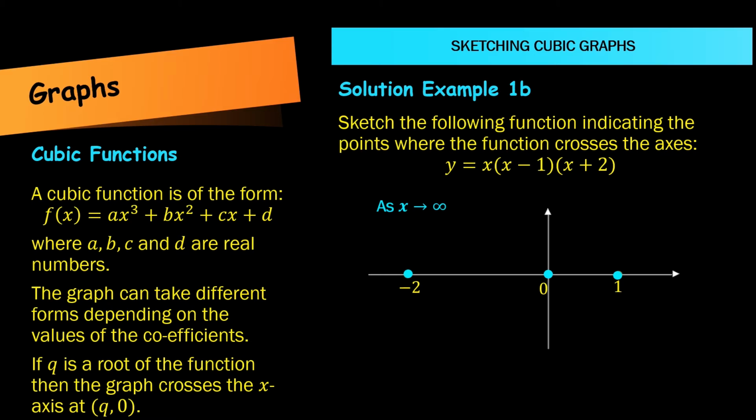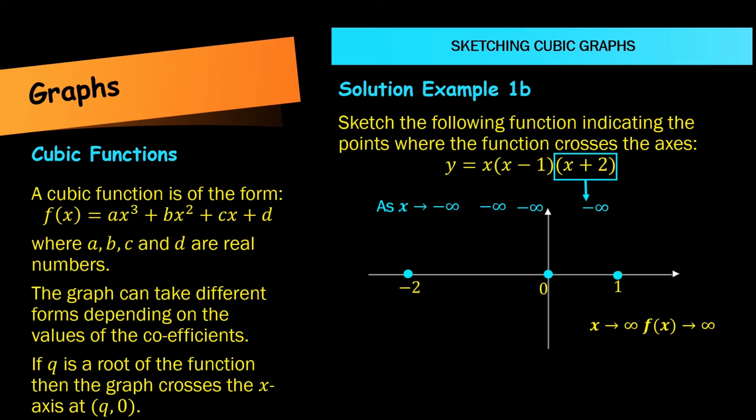As x tends to infinity, x, x minus 1 and x plus 2 all tend to infinity, and therefore f of x tends to infinity too. As x tends to minus infinity, x, x minus 1 and x plus 2 all tend to minus infinity also.